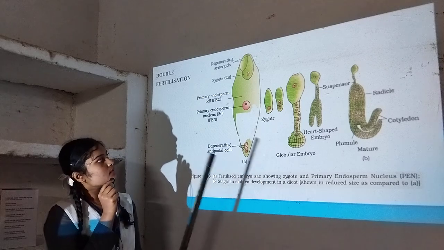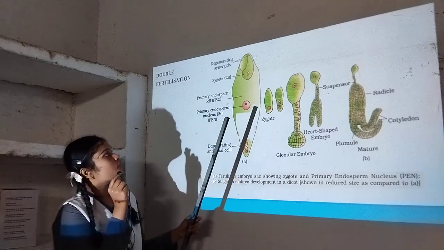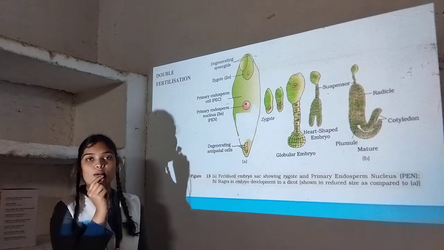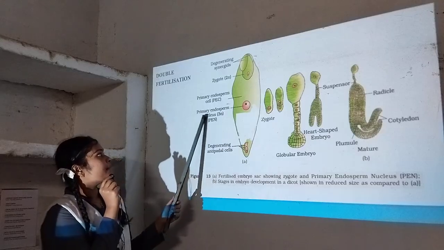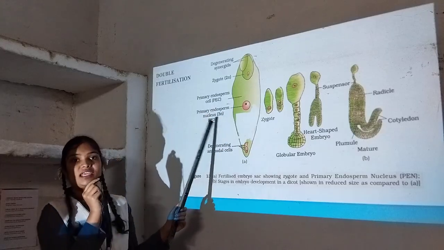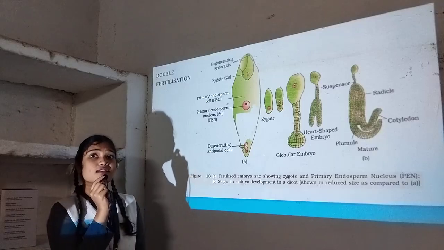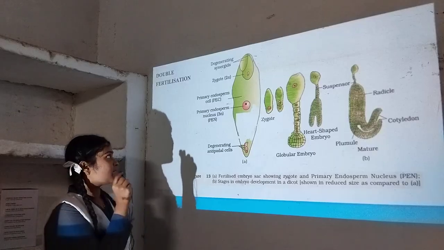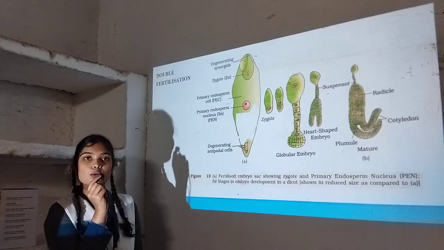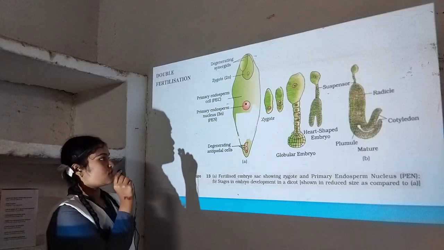And the other male gamete will fuse with the two polar nuclei and make the primary endosperm nucleus, PEN, and this process is known as triple fusion. These two processes together, syngamy and triple fusion, are known as double fertilization.